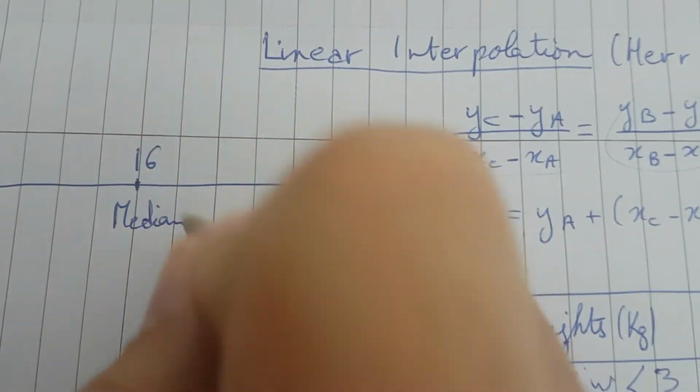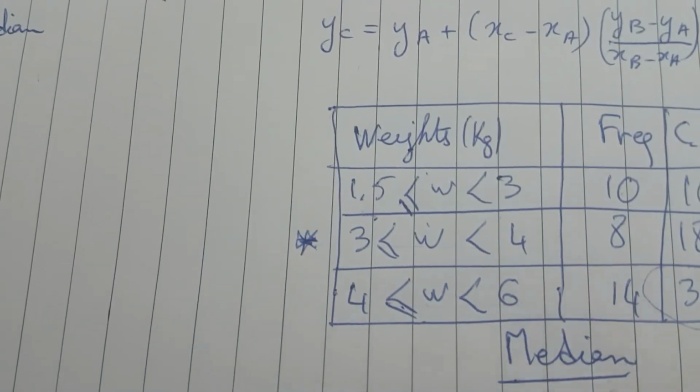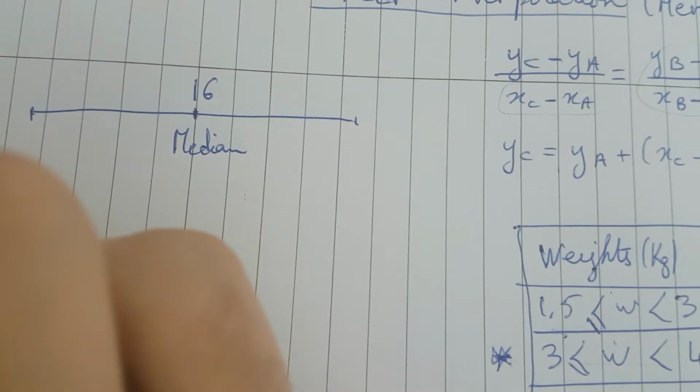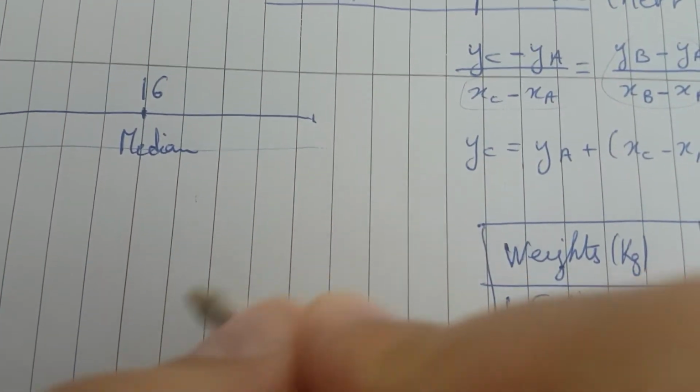The median I'm looking for is a weight, so it's in kilograms, which makes sense. So at the bottom I'm going to write the values that have units in kilograms.